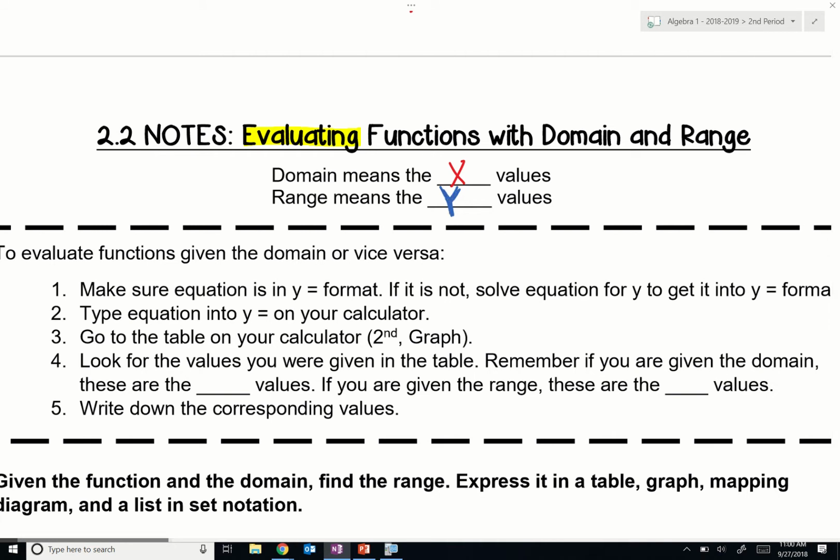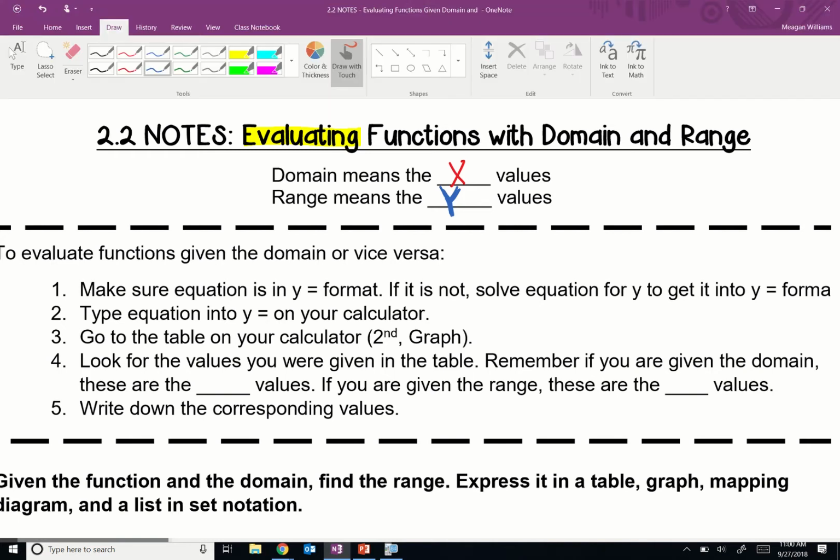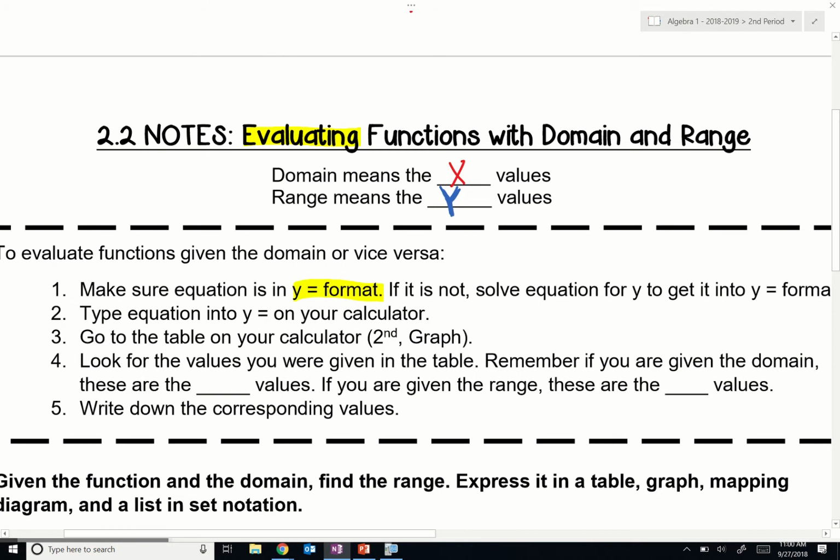To evaluate functions, given the domain or vice versa, your first step is to make sure your equation is in what format? Y equals format. What's a fancy way to say y equals? F of x. So remember, if your equation says f of x equals, it's already exactly the way you need it to be. Then you're going to take that y equals and plug it in where?